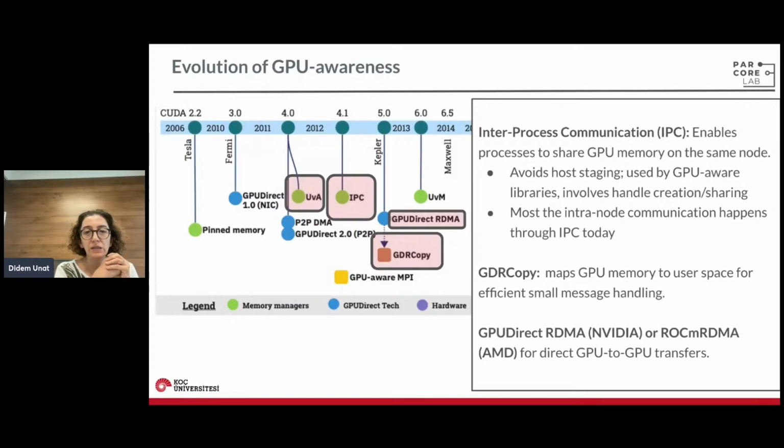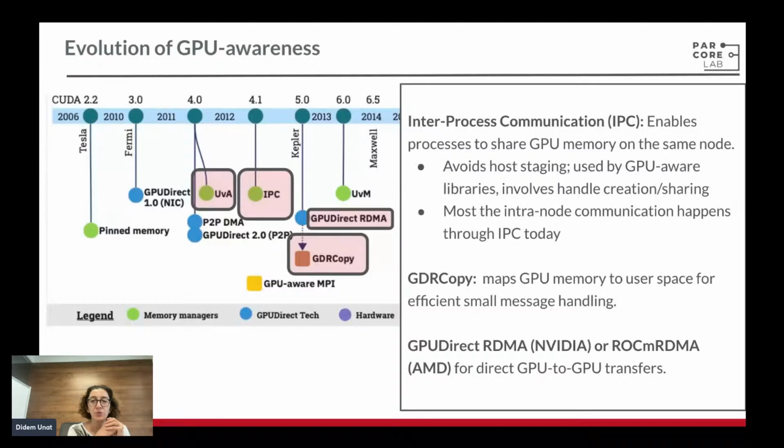In fact, this is the most common way to communicate within a node at the moment. There is also GDRCopy, which is mostly for small message handling, because it doesn't create this handle, but memory maps to user space, and then it can handle the small messages through the host.